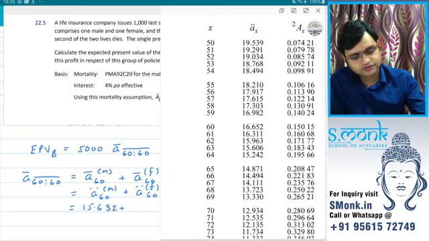When we say 60, our d becomes 0. So for d=0 and age 60, we are getting 14.09. 14.09 minus half.